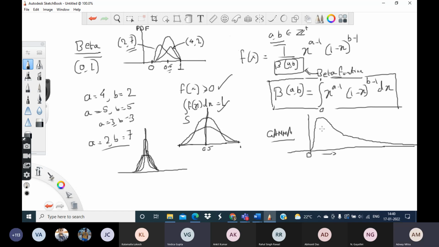As you increase the value of x, the PDF rises very sharply till it attains a peak, and then it slowly descends, keeps on descending, becomes small but still keeps descending, and approaches infinity. So this kind of distribution is called a long tail distribution.